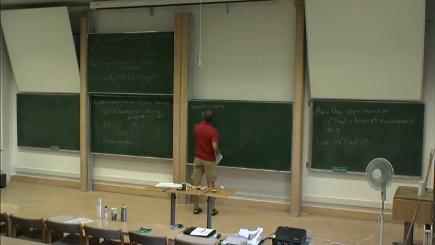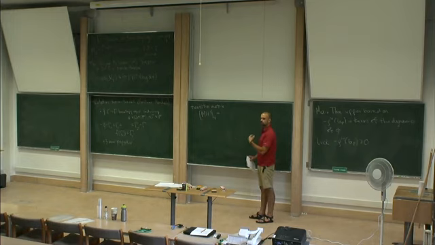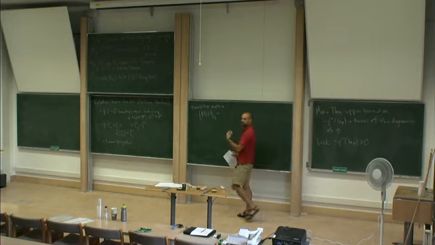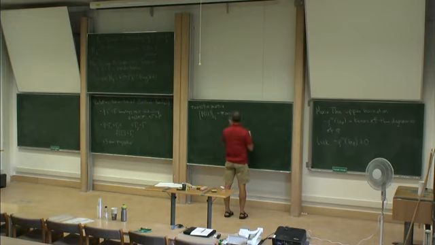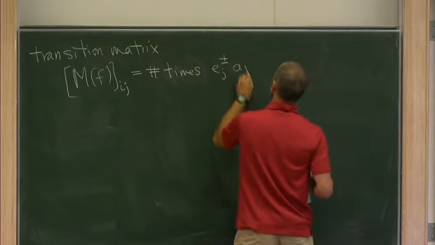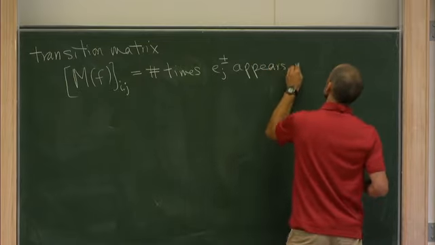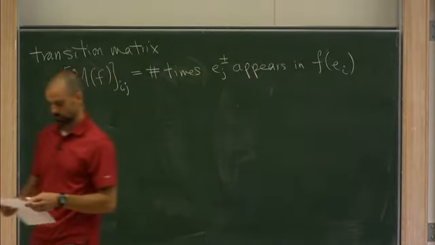Denote it M of F. Okay, the ijth entry of this matrix just counts the number of times you see the edge ej, with either orientation, in the image of ei. So the number of times ej with either orientation appears in F of ei. Okay?